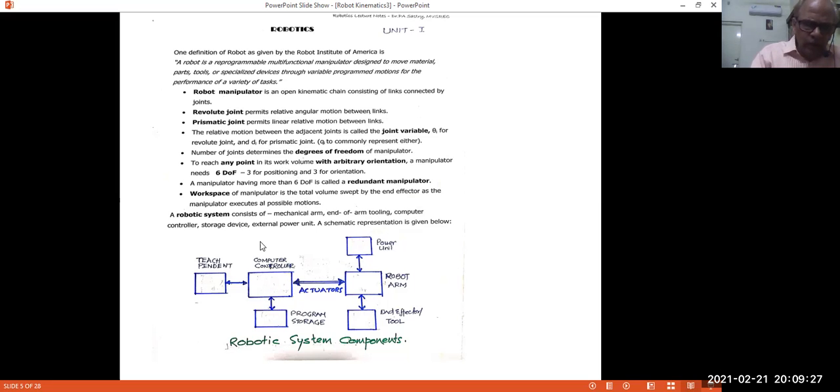When the path is completed by the expert, later on it's put back into the proper code, and then when it is run, the end effector will do just what the expert has done. That is one method of teaching. Okay, so these are some of the basic components of the robot manipulator.